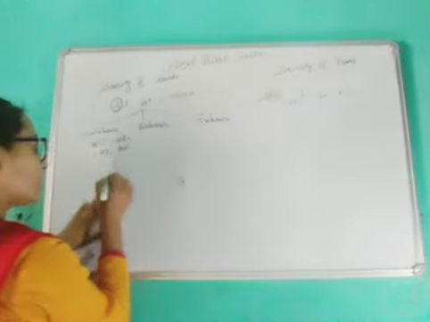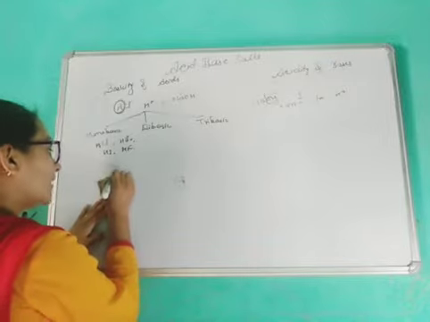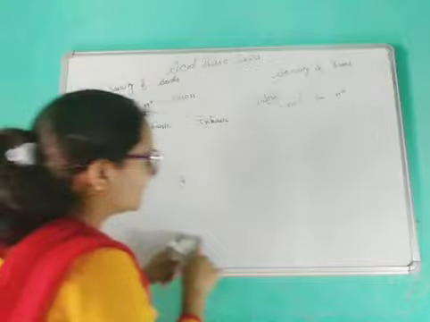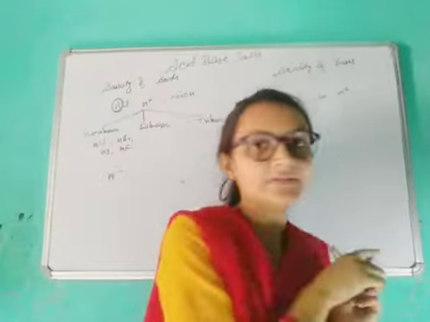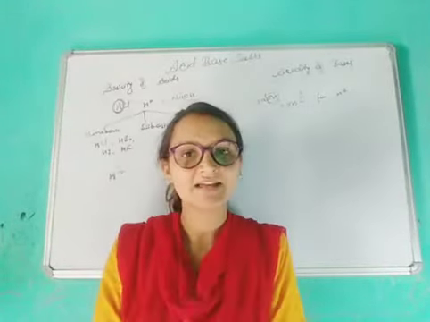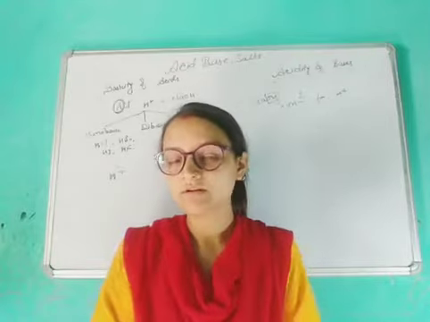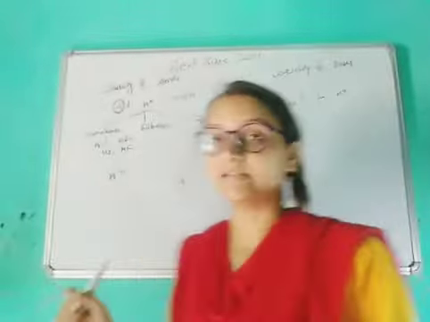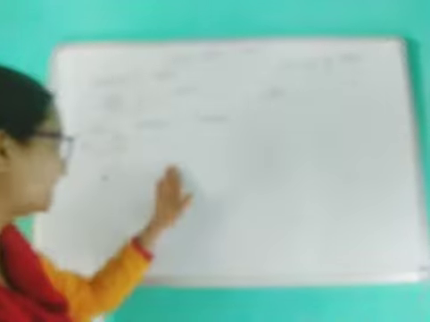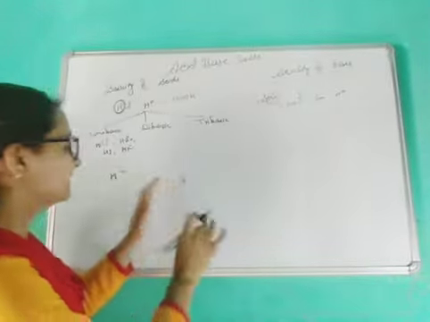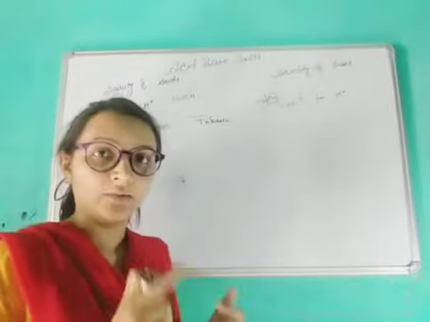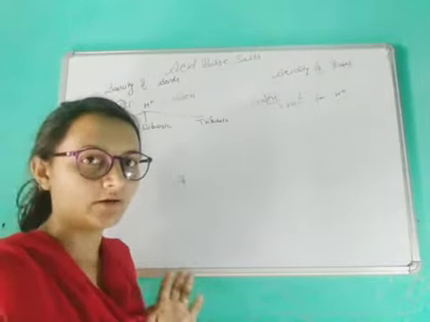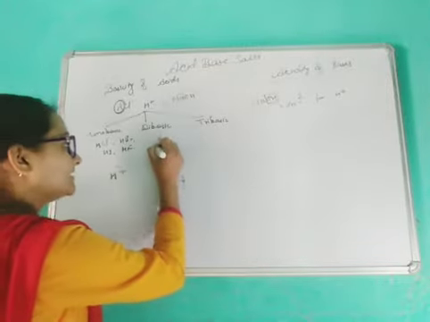It will release only one H plus ion, so it will go directly to the molecule which has only one hydroxyl ion, to get combined and form salt and water. So this is monobasic. If we come to dibasic, there will be acids having two hydrogen ions. For example, I said H2SO4.